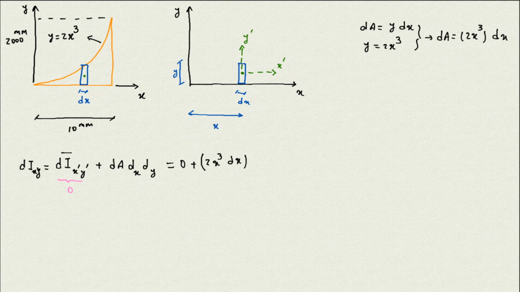Then d sub x is going to be the distance between these two axes, measured from the y prime axis, and d sub x is equal to x here. Then times d sub y, which is this distance here.